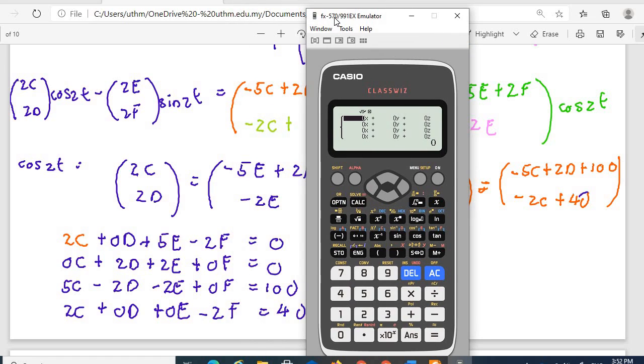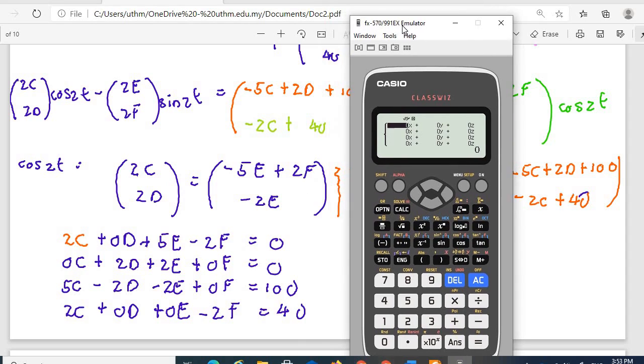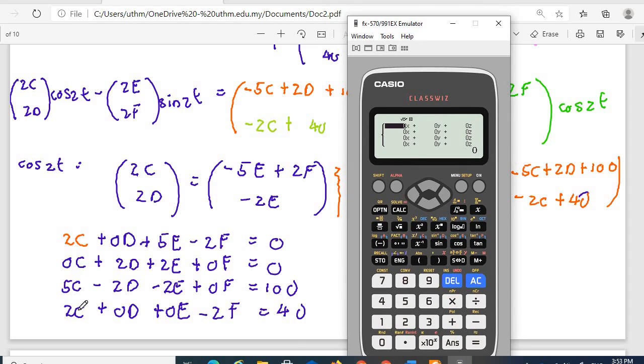For the ES, MS, you can solve up to 3 simultaneous equations only. So I just need to key in the coefficients in the calculator. Here I already arranged nicely C, D, E, F. So my C is tallied with X, D is Y, Z is my E, and here I should have one more variable, T, is F. So I just key in the coefficients.